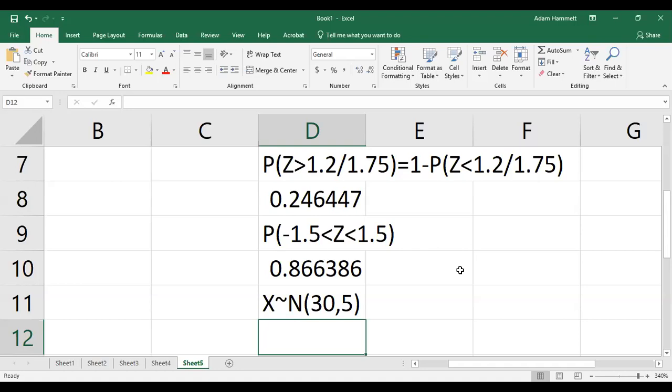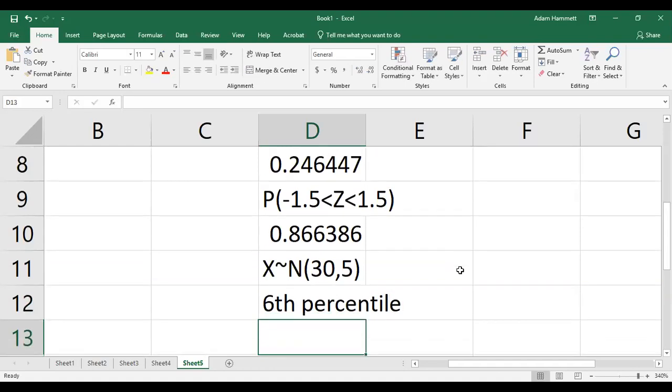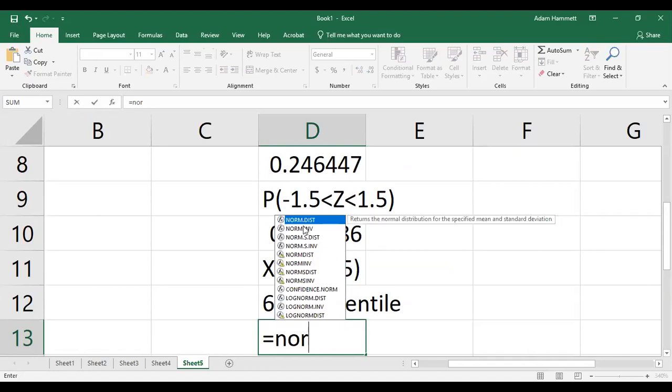So you would expect that this percentile value would be quite a bit below 30. Okay, so let's see here. Equals, so what do I want? I want the 6th percentile for this particular thing. So I'm going to go equals normal inverse.